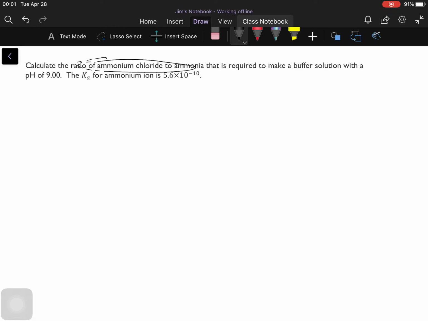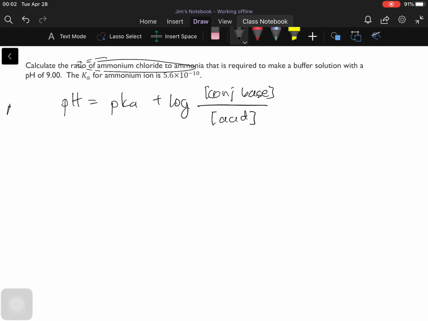Okay, so we can do the equation for acids. That's pH equals pKa plus log of the conjugate base over the acid. Or we can do this in terms of the base.